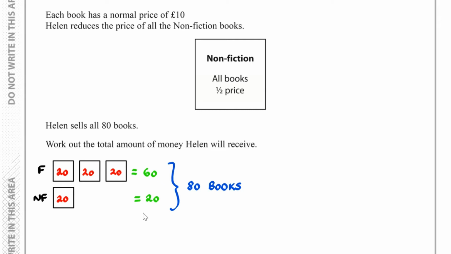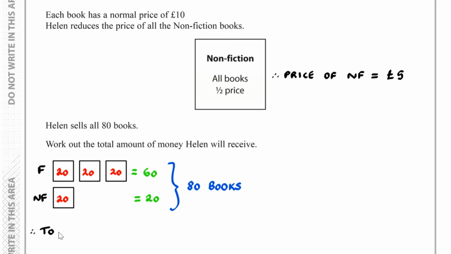Now we know that each book has a normal price of £10, but for non-fiction books, the books are slashed by half. So therefore the price of non-fiction will equal half of the 10, which is £5.